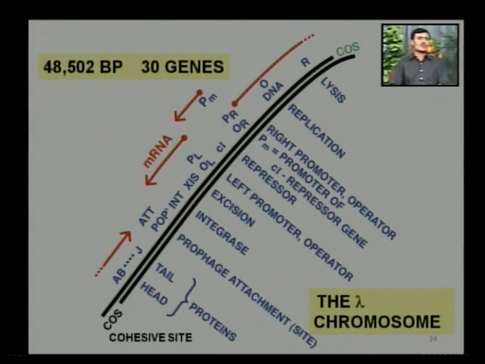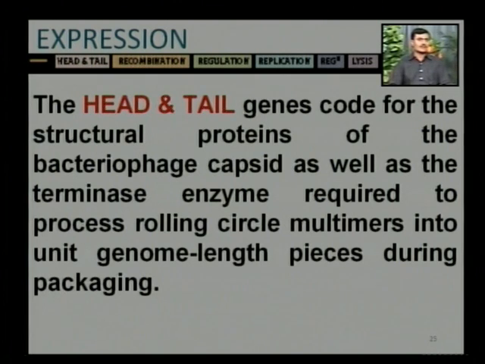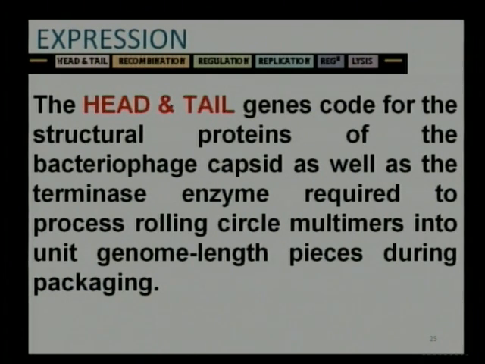Basically, the phage genome has 30 genes and a size of around 48,502 base pairs, and that can actually carry out the life cycle of a typical bacteriophage. Now we'll see some details of how these various groups of genes work. First we'll start with the genes called the head and tail genes.